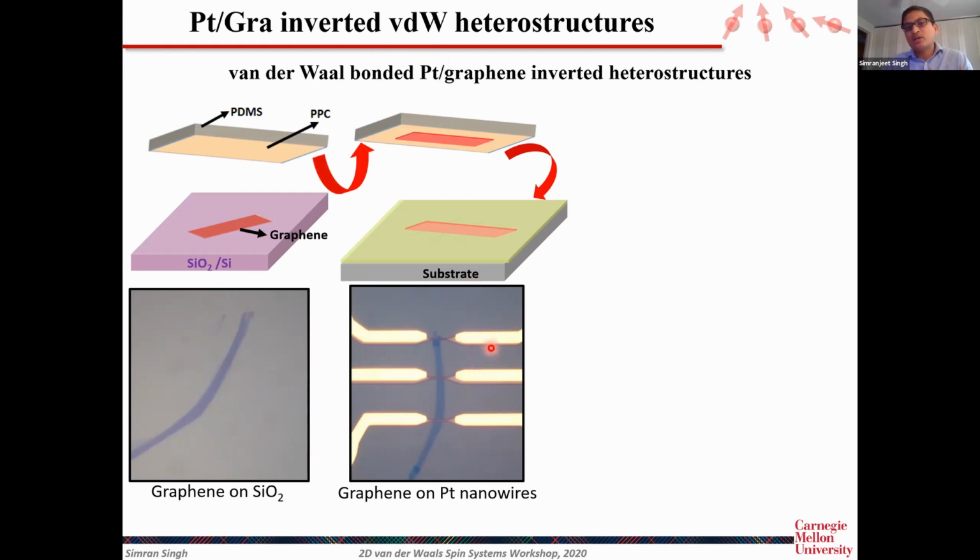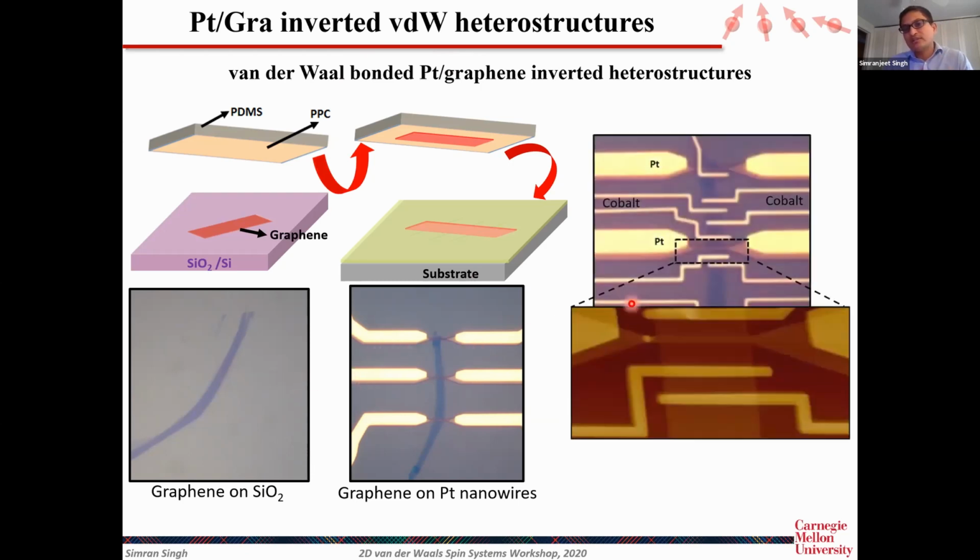Meaning, we first make these nanowires of platinum, and then deposit bilayer or trilayer graphene on top of these flakes. And then we define these ferromagnetic electrodes, which I'm going to talk about later, which we will be using for injection or detection of these spin currents, which we generate or detect at these platinum graphene interfaces.